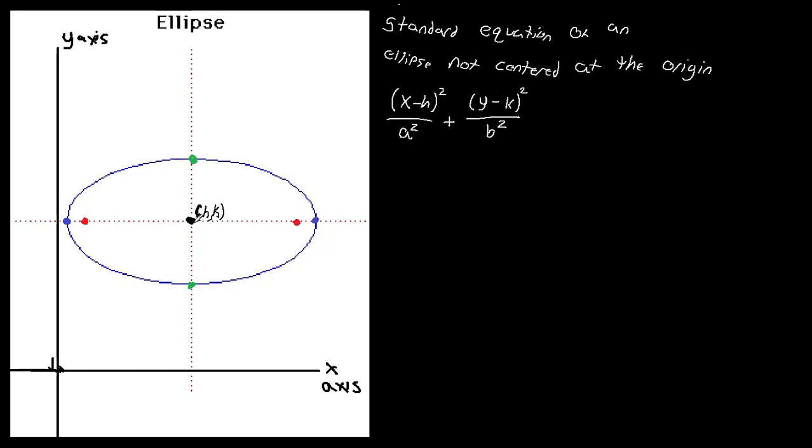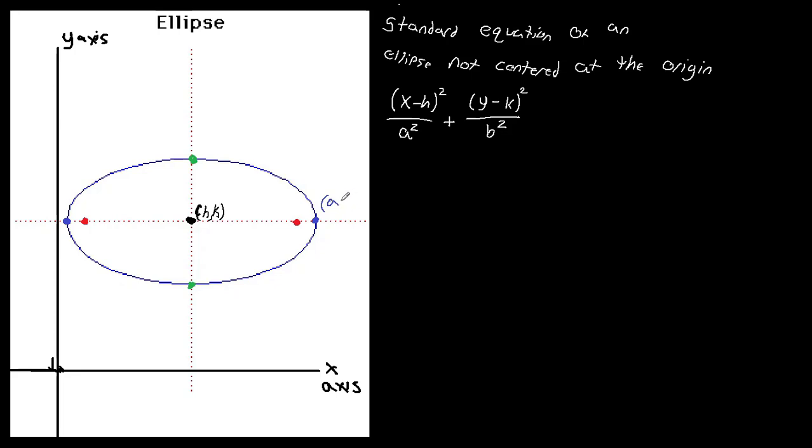In the previous videos, we defined the distance between the center of the ellipse and the vertex as a, either the x-coordinate or the y-coordinate, depending on if this was horizontal or vertical. In this case, it's horizontal, so we defined this distance as the x-coordinate. Previously this would have been a comma 0.